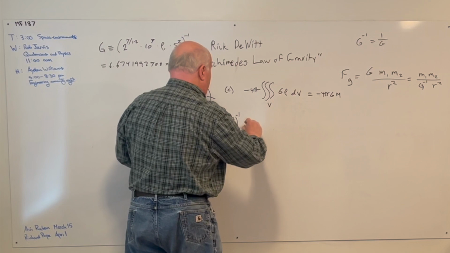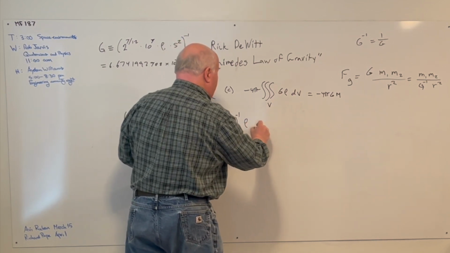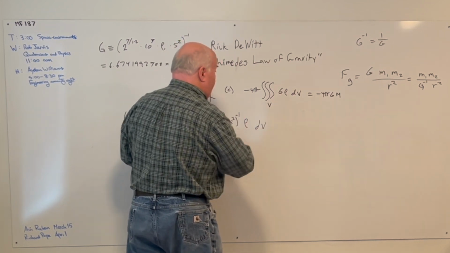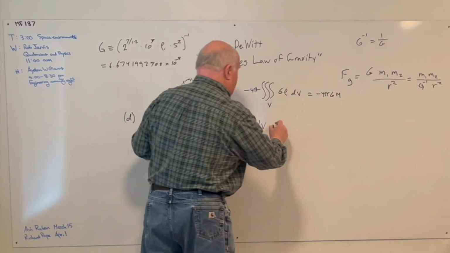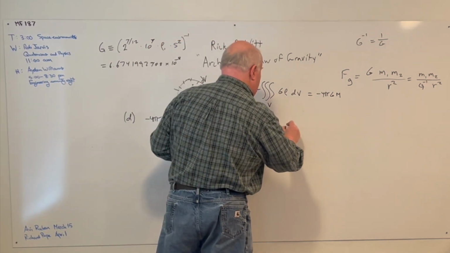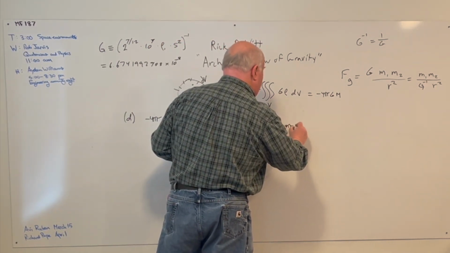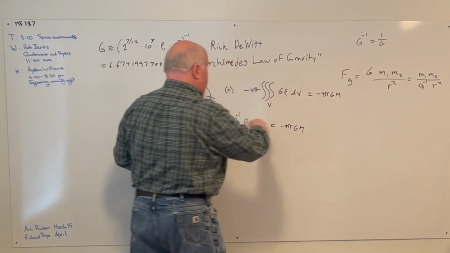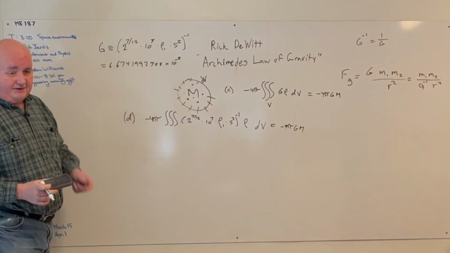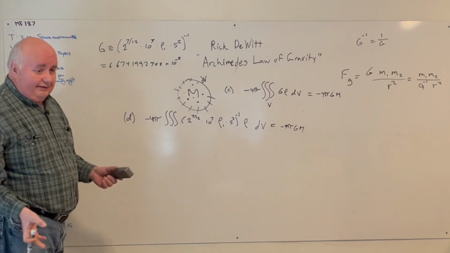And then I've got rho, the density of the medium, I've got the differential of the volume, and that ends up being minus 4 pi gm from here. Okay? That's the substitution. Now we do math.